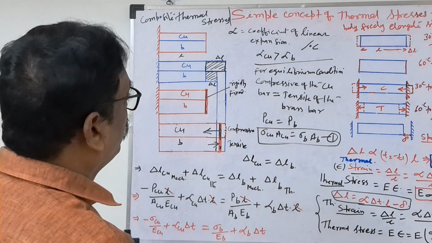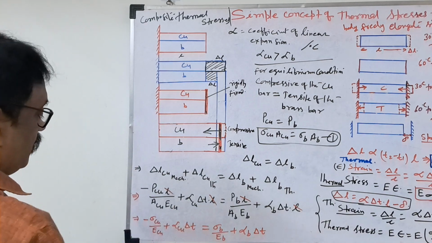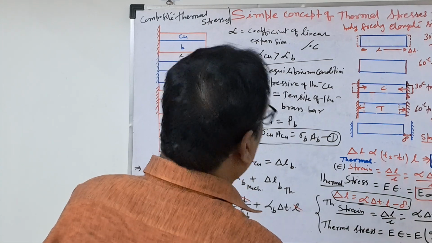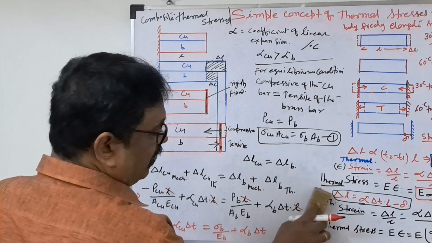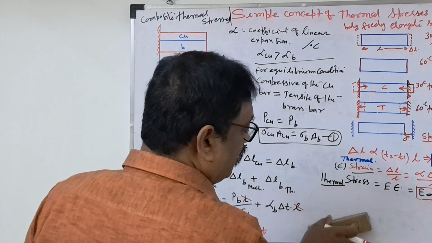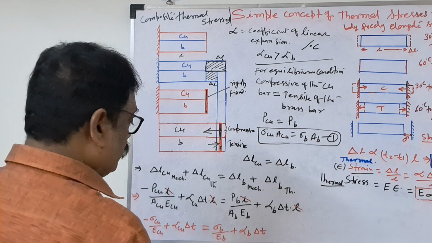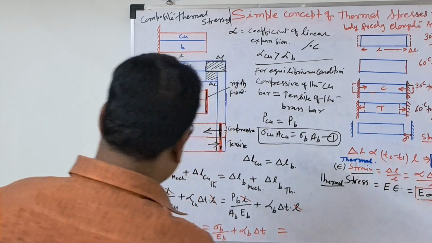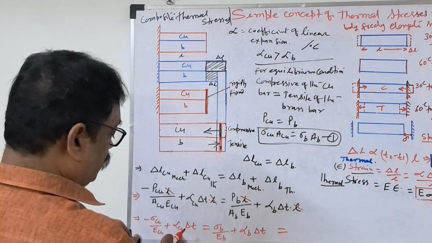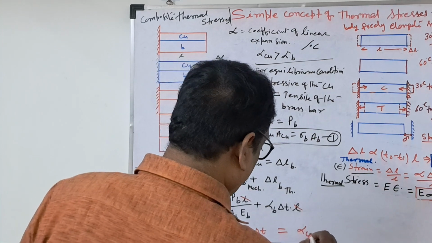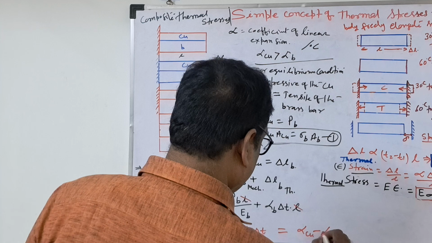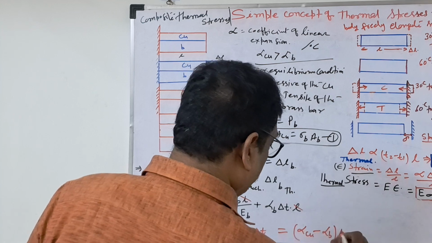Now one more step you can reduce the formula, by taking common. So one step you can write here. Take common. So alpha Cu, bring this alpha copper minus alpha brass, delta T take common.